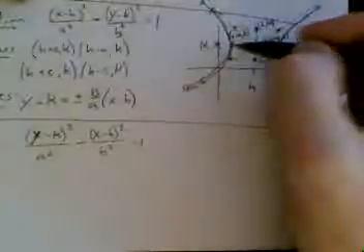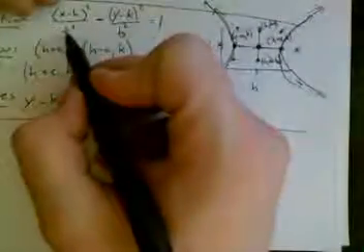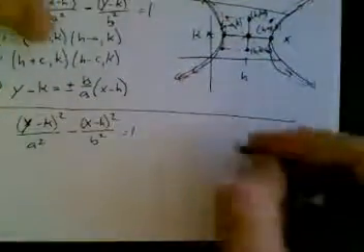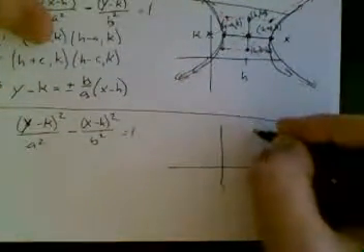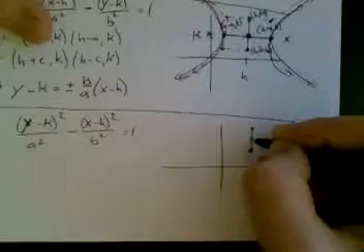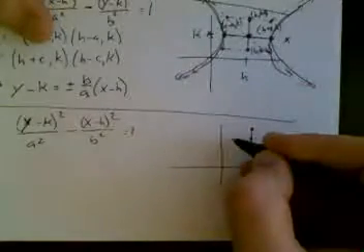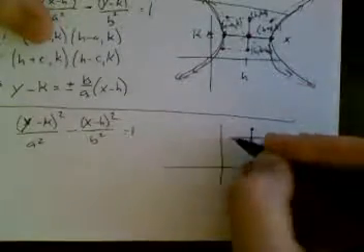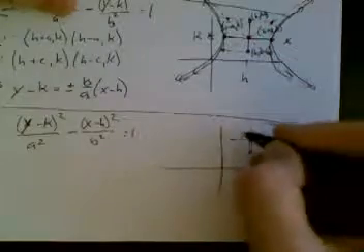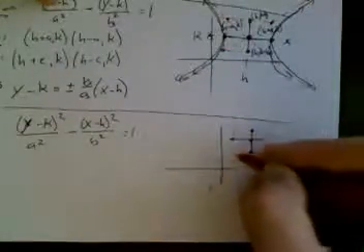Where this graph over here had the transverse axis in terms of x, because the positive was the x, this one is going to have the transverse axis with the y. If I were to draw this one, I'd see the transverse axis go from here to here, the center would be somewhere in here, and I'd have my conjugate axis from here to here. I'm going to draw this in red, so it looks very similar.